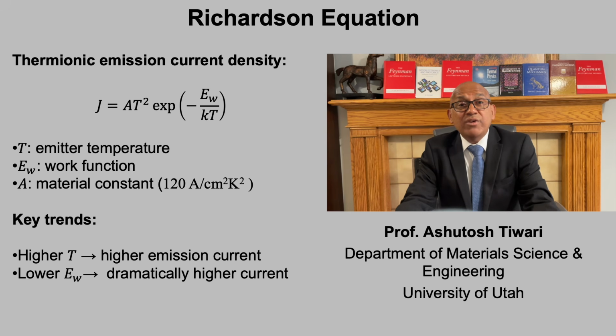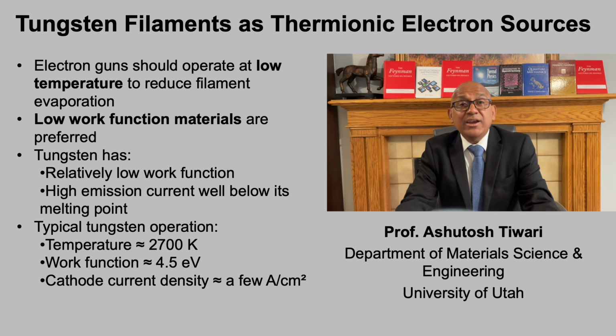The Richardson equation therefore connects emitter material properties directly to the beam current, stability, and practical SEM performance. For thermionic electron sources, it is always desirable to operate the electron gun at the lowest possible temperature. Lower operating temperature reduces evaporation of the filament, which directly improves source lifetime and stability.